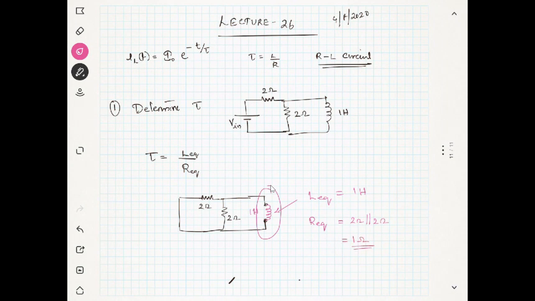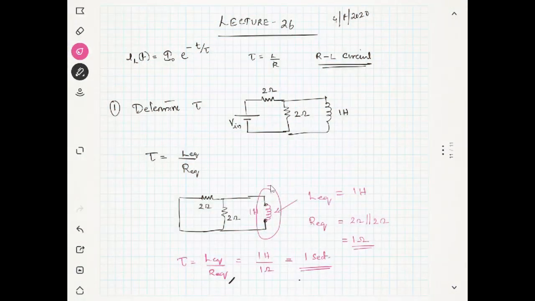So the time constant tau is L equivalent over R equivalent, which is 1 Henry by 1 ohm. Actually, the unit is seconds. It is not Henry per ohm, which has no physical meaning. So it is 1 second. That's the time constant.